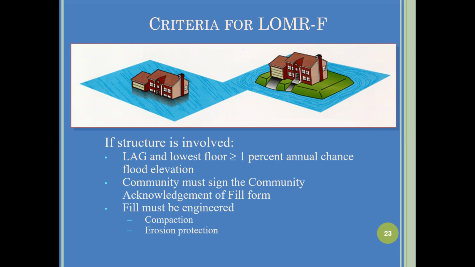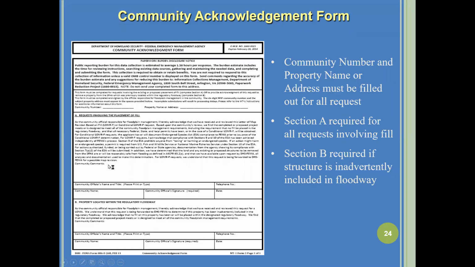Yeah, and community involvement is critical, and that's why there's a community acknowledgement of fill form that needs to be completed as well. And this is the example of that, and it includes the community number and property name and address. It includes information about the fill.